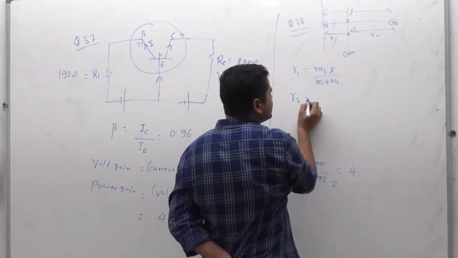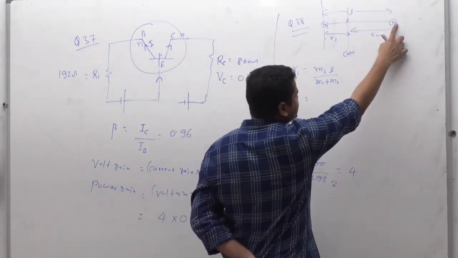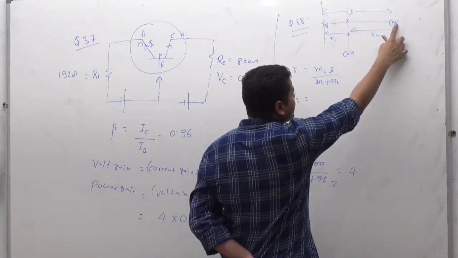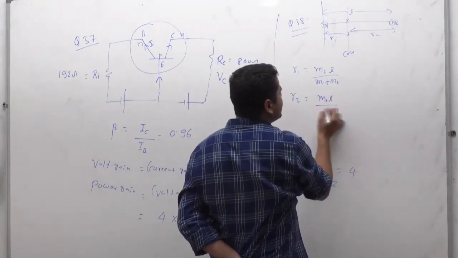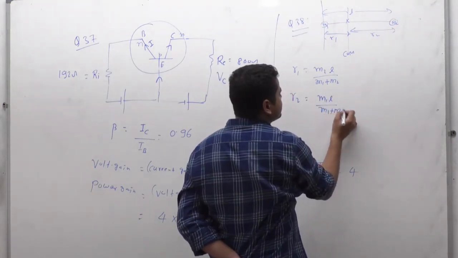Similarly, for R2 consider this to be origin and M1 at a distance of L, so it will be M2 into 0 plus M1 into L upon M1 plus M2.